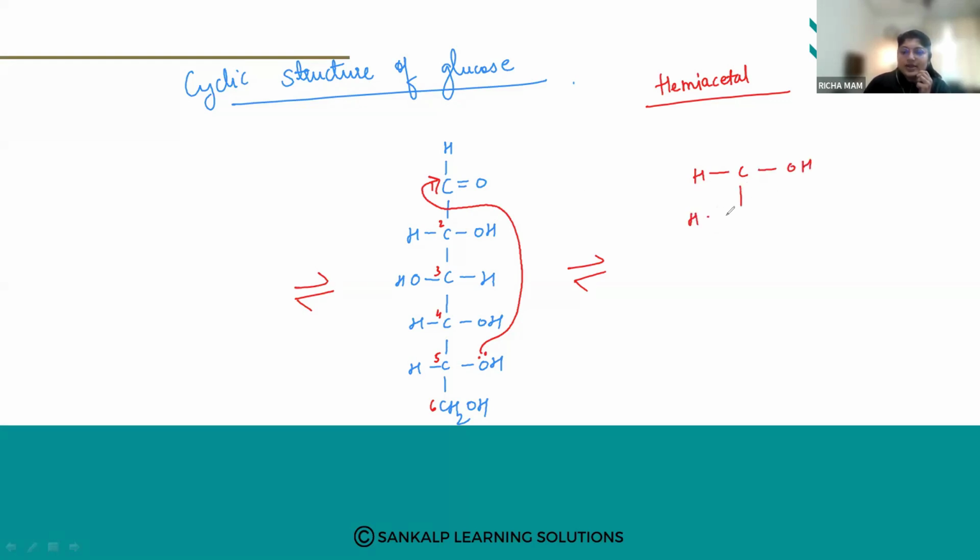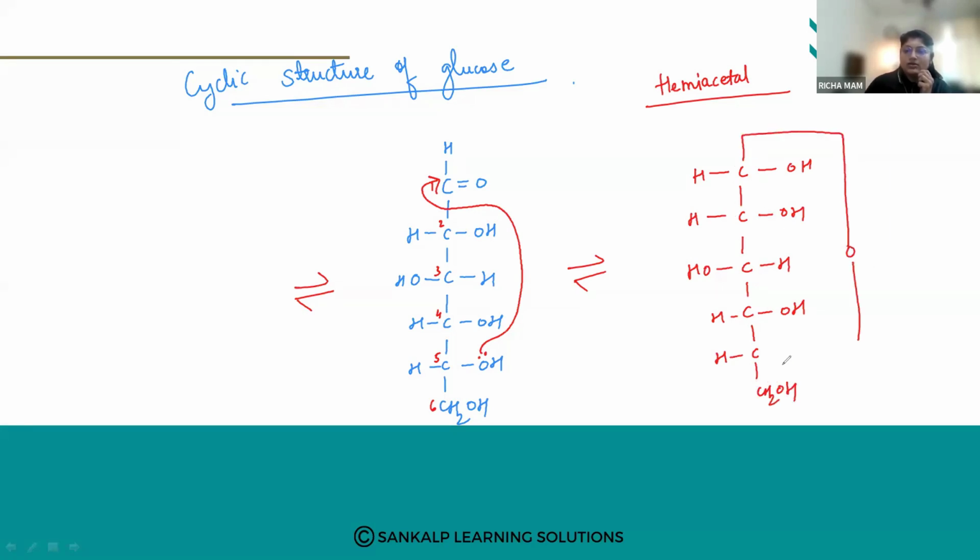So let us write. CHOH, then CHOH, CH, CH2OH, like this. So this is your hemiacetal structure of glucose.